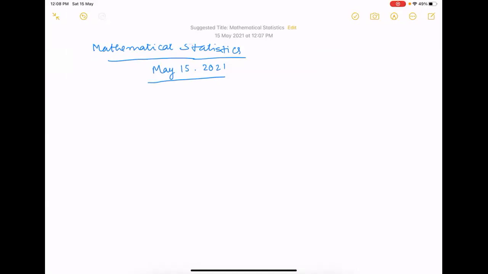And we did one property, the invariance property of maximum likelihood estimation.